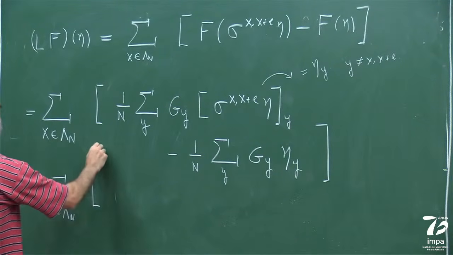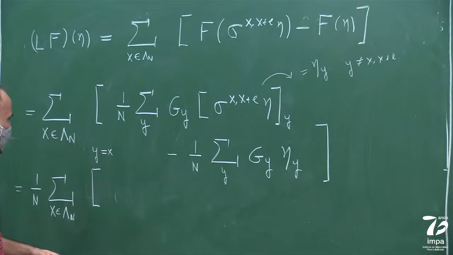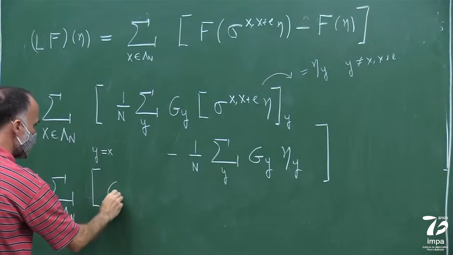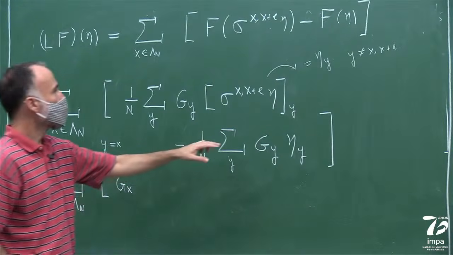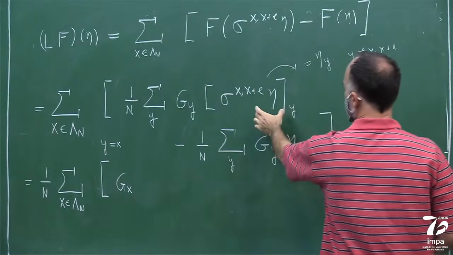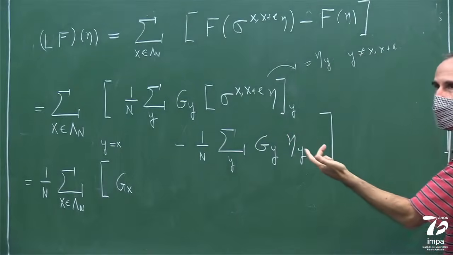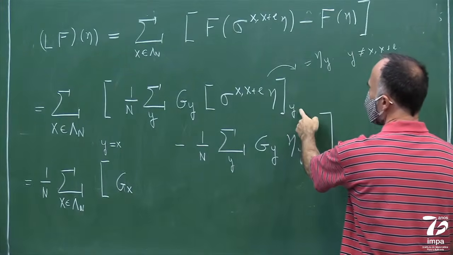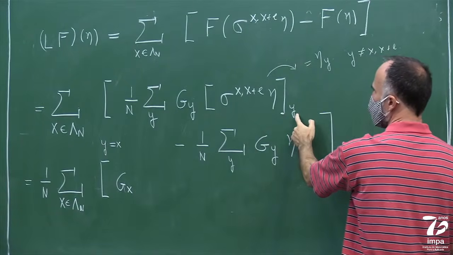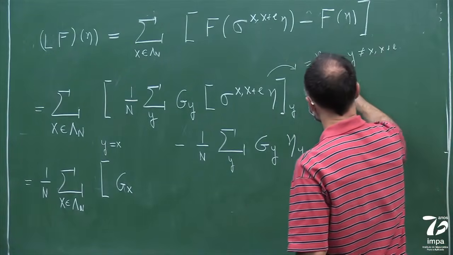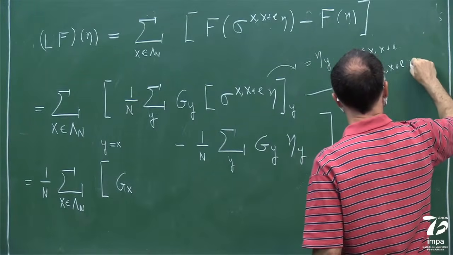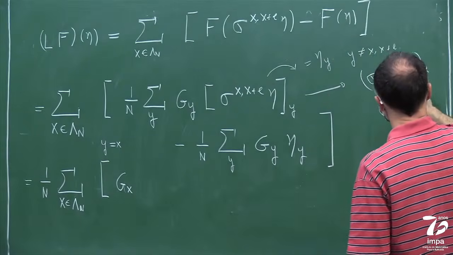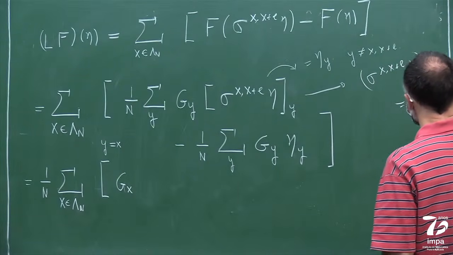So let's see y equal to x. At y equal to x, I have g of x, because y is equal to x. And if y is equal to x, this term, I exchange what happens at x and x plus e. So I'm computing this configuration at site x, which means that sigma x, x plus e of eta at site x is eta at site x plus e, because I exchanged.